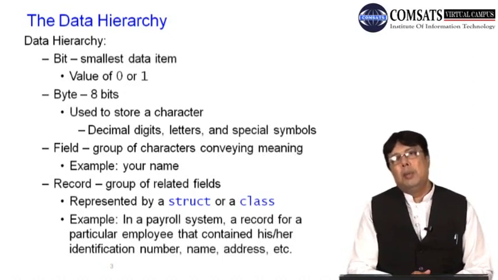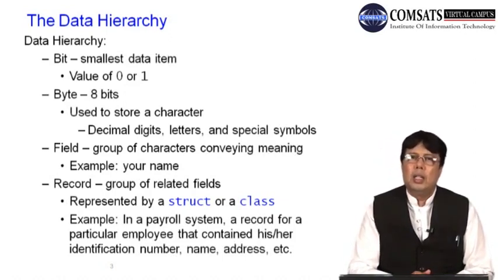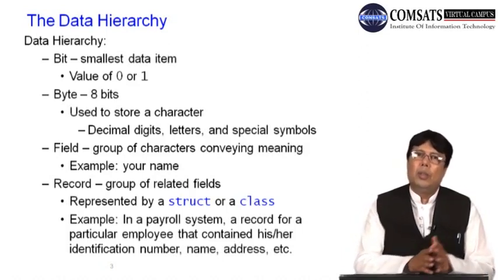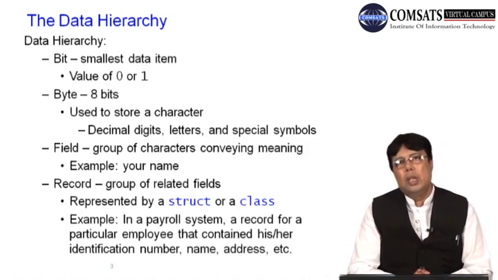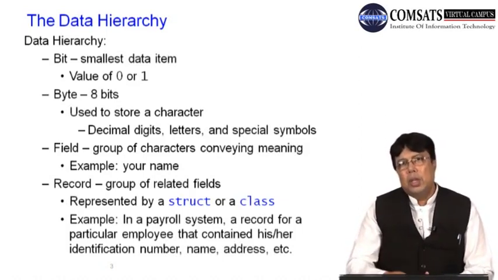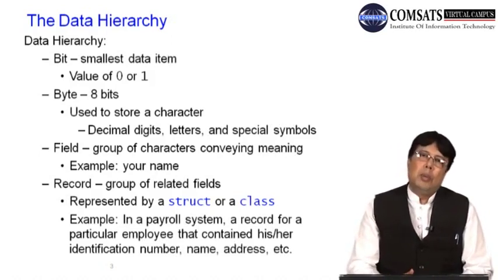So you have either a digit 0 or a digit 1. Ultimately, whatever type of information it is, at the end of the processing it is converted into zeros and ones. So let us start from 0 and 1 and move upward to see how this information is organized.